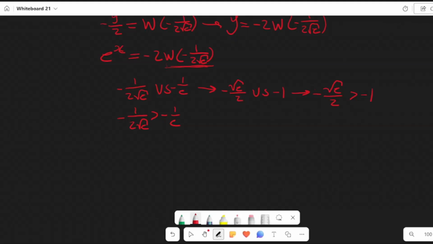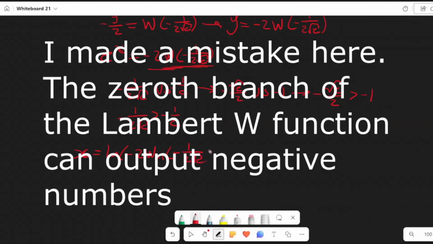So we're just going to include the negative first branch, because it gives us negative solutions, and as such this expression will in turn be positive, which is indeed allowed for natural log. So x is equal to negative 2 times the Lambert W, the negative first branch, of -1 over 2 times the square root of e.